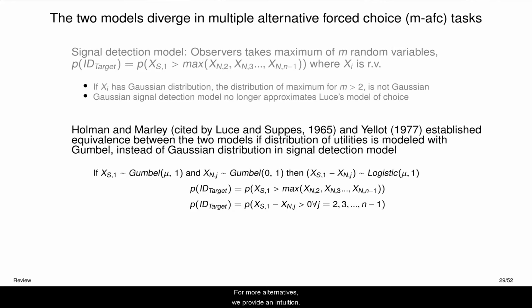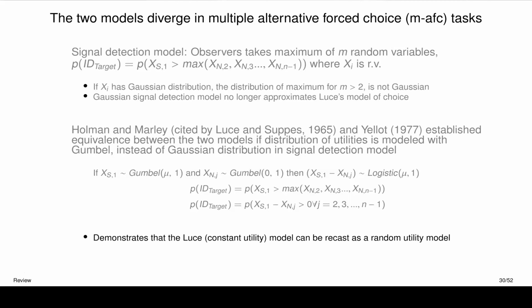For more alternatives, we provide an intuition. So consider the fact that the probability of a random variable being the maximum is like a joint distribution over the pairwise differences between that variable and the remaining alternatives. And as I noted, these pairwise differences also have a logistic distribution. So one critical takeaway is that we can recast the Luce model as a random utility model.